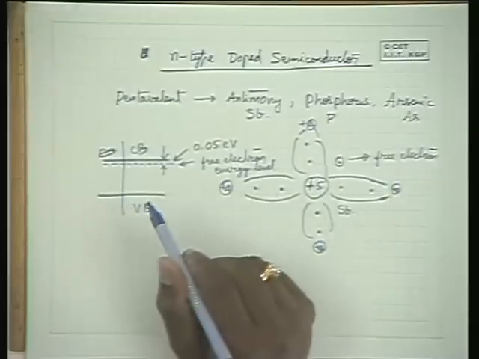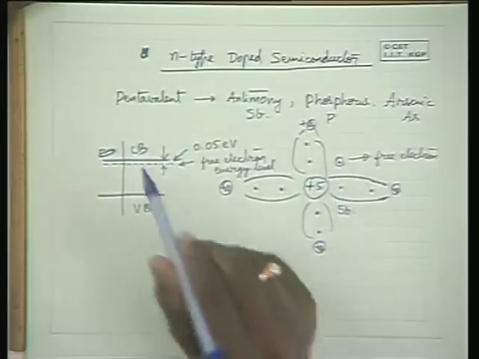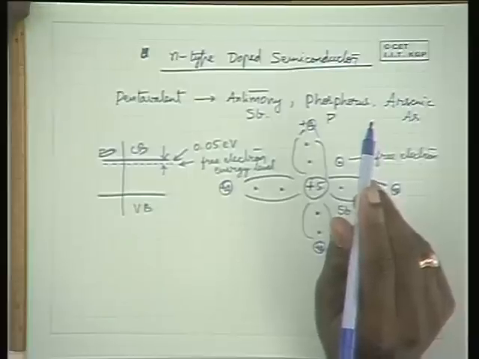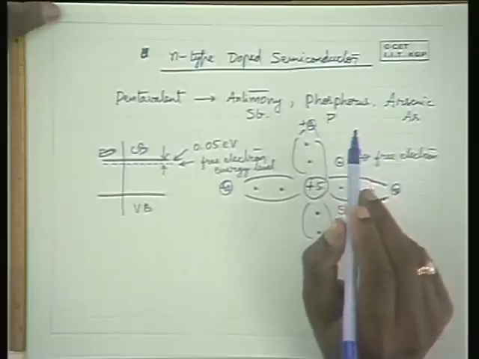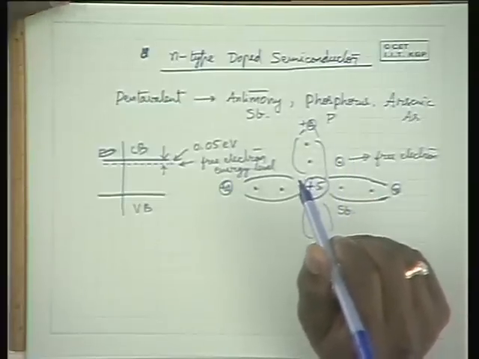At ambient temperature, you will find in fact all of these free electrons available in the conduction band, with the addition of that thermal energy. So, they are available for conduction.